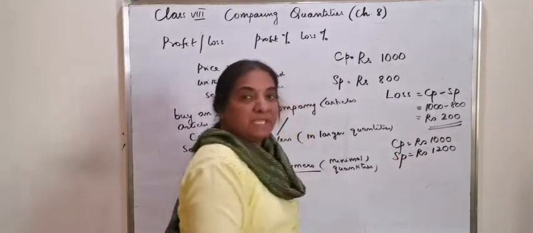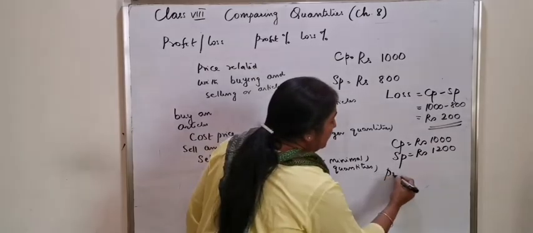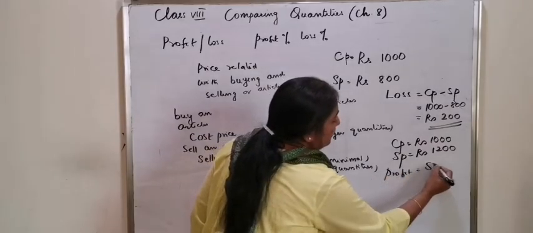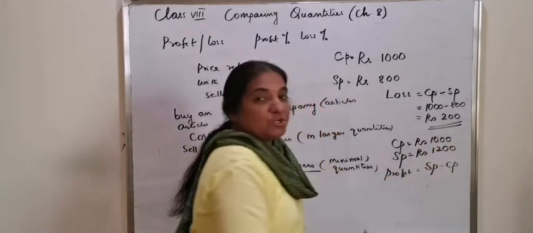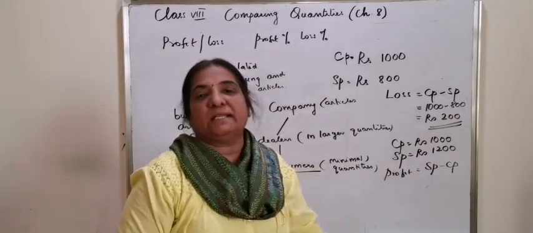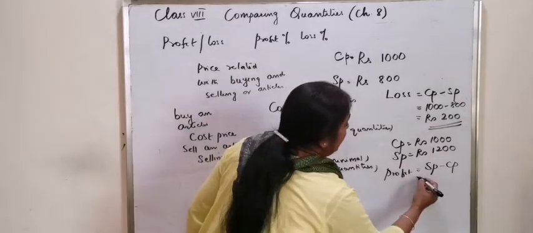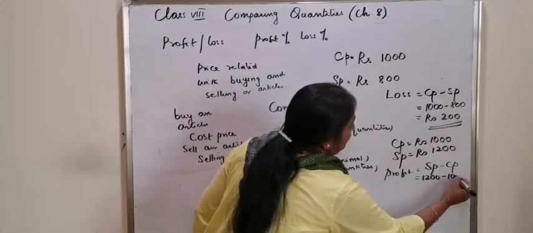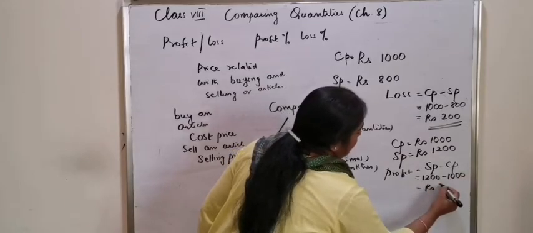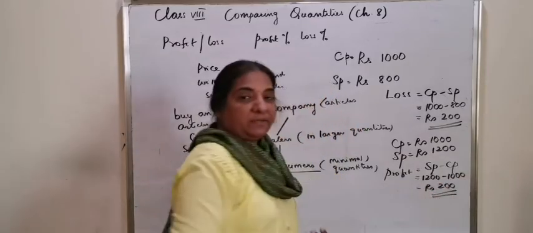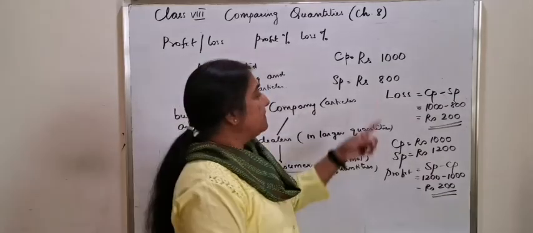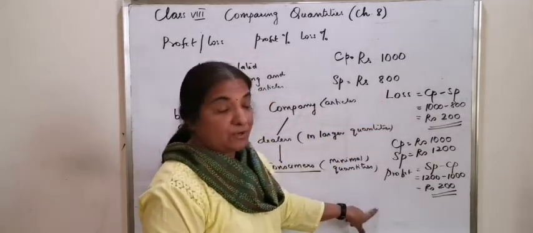Your selling price became more than the cost price, and you got a profit of SP minus CP, that is rupees 200. So what is the formula for loss and what is the formula for profit?